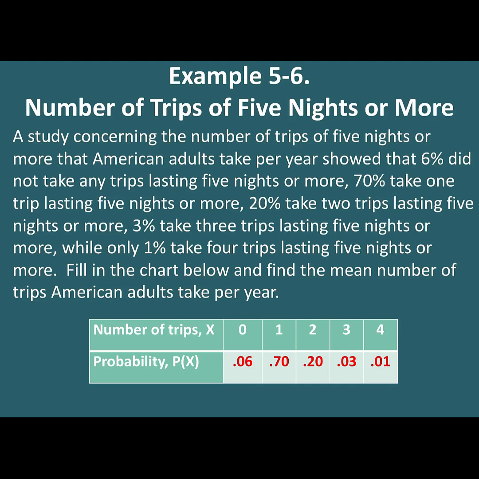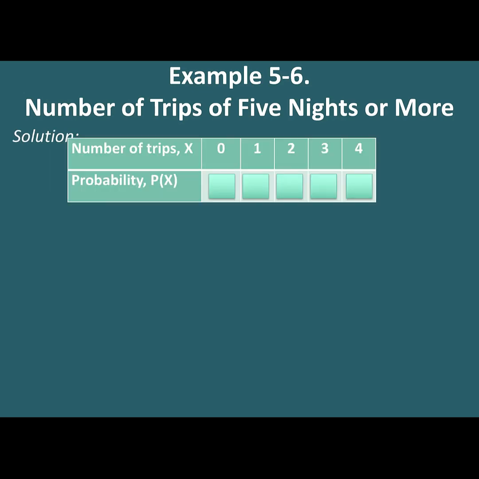Once again, to find the mean, we will add up the products of this probability distribution. Therefore, multiply the numbers that I just circled, then add them up. Once again, here are my probabilities.